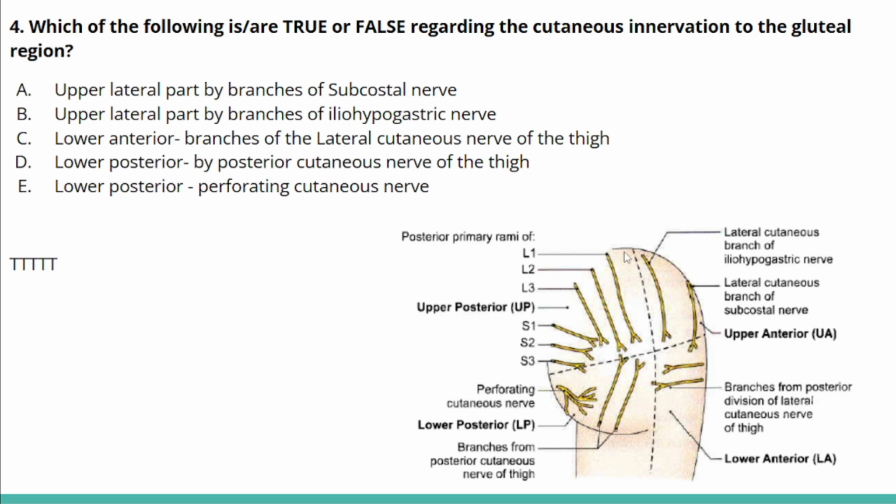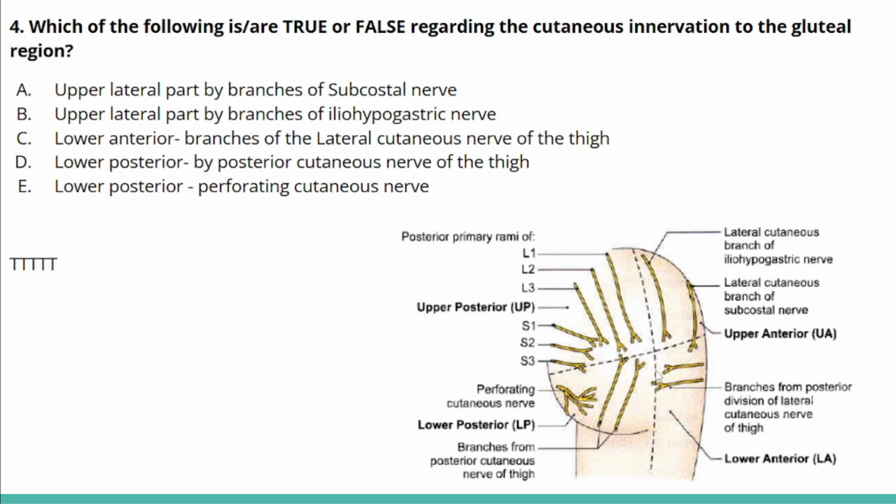The upper anterior part has cutaneous innervation by the subcostal nerve from T12 and the iliohypogastric nerve from L1. And the upper posterior receives innervation from the first 3 lumbar nerves, L1, L2, L3, as well as the first 3 sacral nerves.